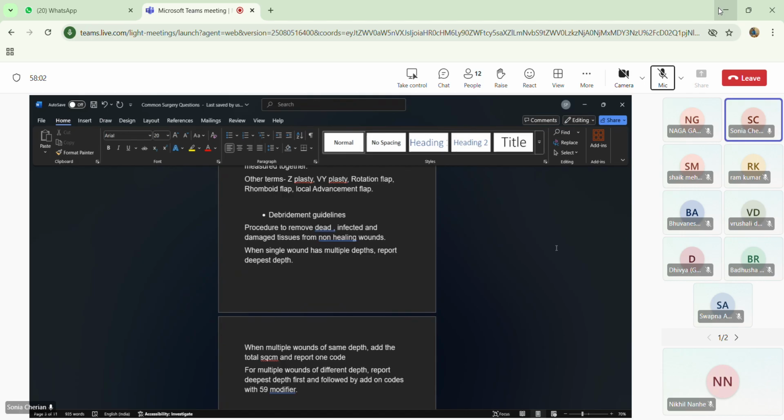The deepest depth is the bone, so you code that first for the wound debrided till the bone. Then the second layer, like muscle, you code second. And third, you code the least depth, that is the subcutaneous level, with the 59 modifier to show that there are multiple wounds which have been debrided.